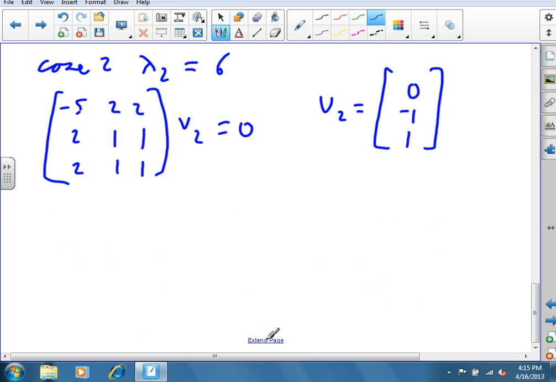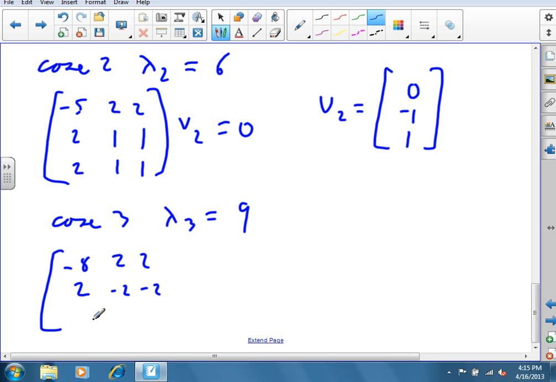All right, now I need case 3. Case 3, lambda 3 is equal to 9. I'm going to have 3 more subtracted there. Minus 8, 2, 2, 2, minus 2, minus 2, 2, 1, minus 2, and this guy here is a 1. V3 equals 0.